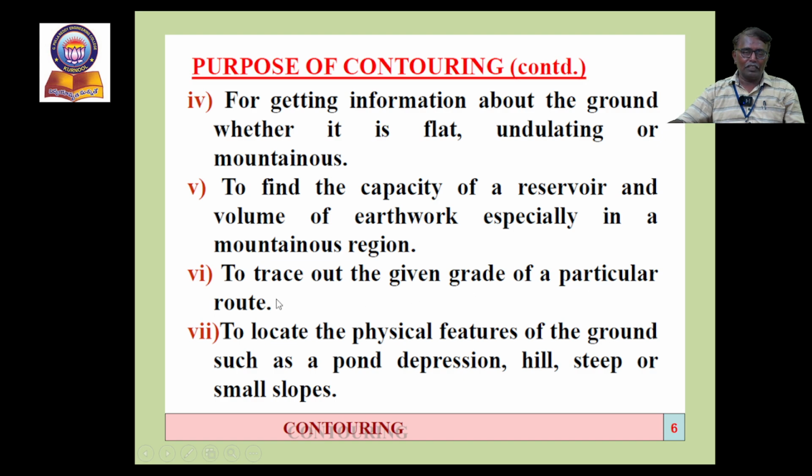So the particular route grade should be followed. Next, to locate the physical features of the ground such as pond, depression, hill, steep or small slopes can also be done by using the contour map.